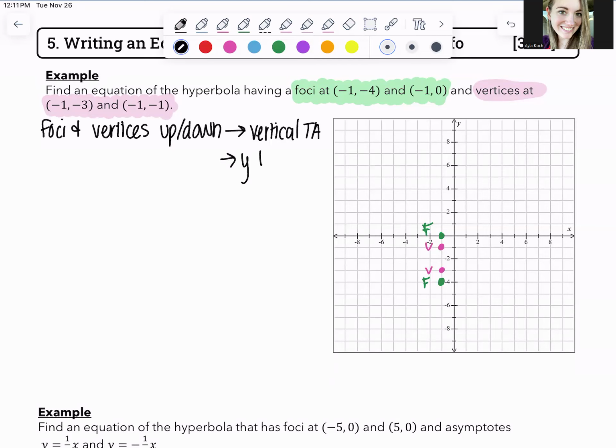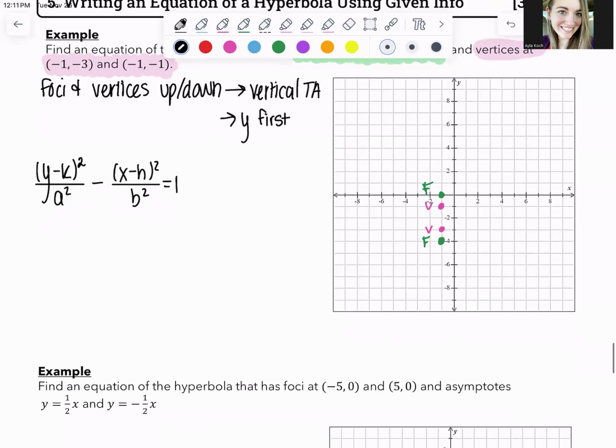That means y is going to come first. So we have something like this: y minus k quantity squared over a squared minus x minus h quantity squared over b squared is equal to 1. So we need a squared, b squared, h, and k.